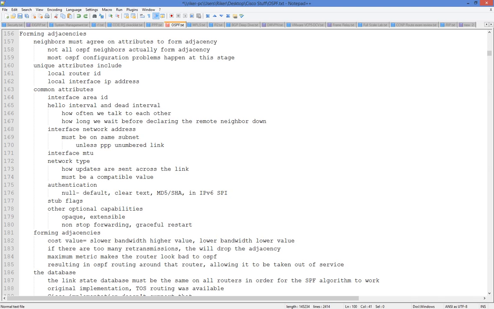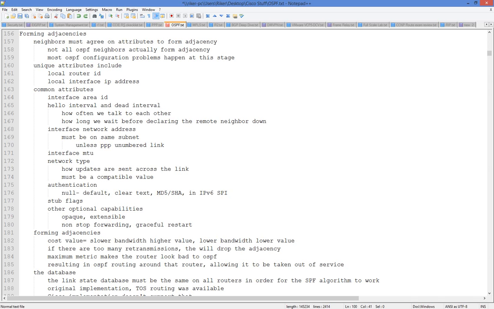They will go to two-way with each other. So DR other to DR other will form two-way. And two-way basically means that you have exchanged hellos with each other, but you haven't gone to exchanging your link state database.